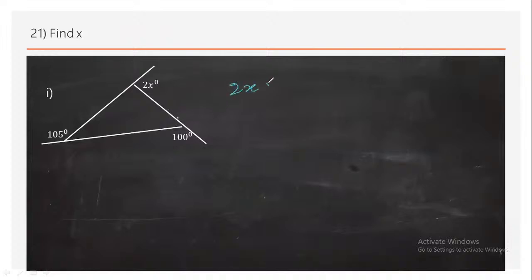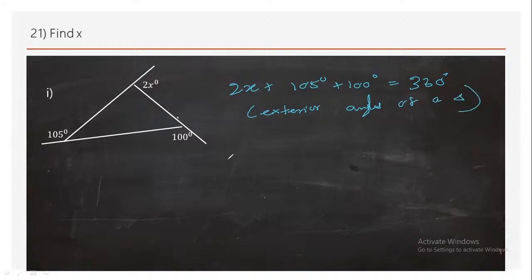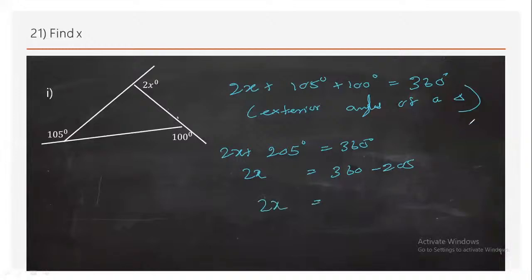Find x. 360. 2x plus 105 and 100, 205. 2x equals 360 subtract 205, 155. So 2x equals 155.